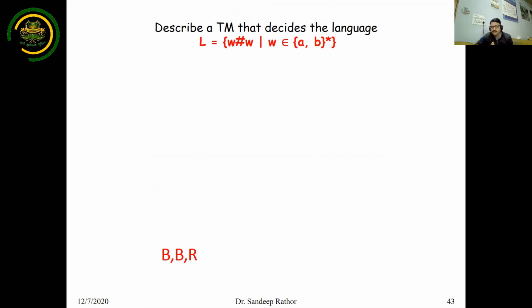Before starting the Turing machine for W hash W, we should first look at the strings. Which type of strings can be allowed in this case?